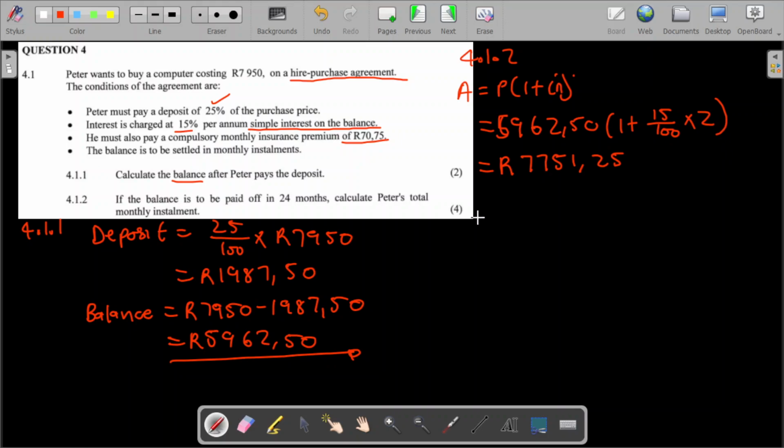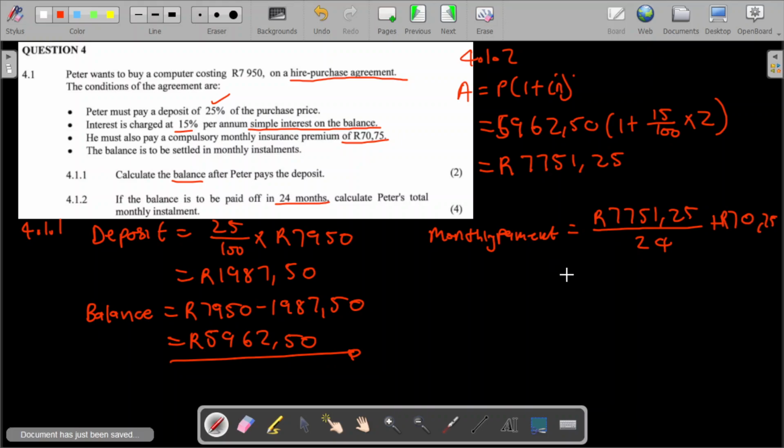After getting this amount that is going to accumulate after the purchase agreement, which in this case is 2 years, we say monthly payments is going to be 7751.25 divided by 24 months, and then plus, remember, the insurance premium of 70.75.